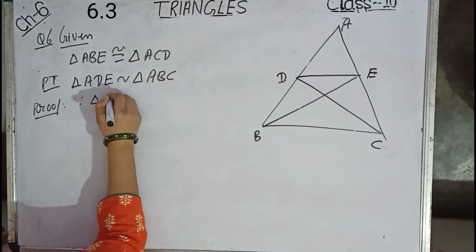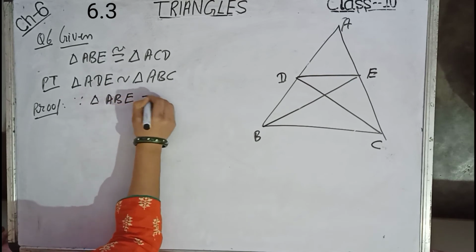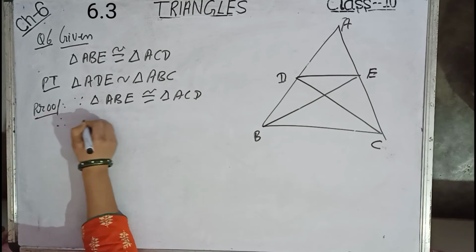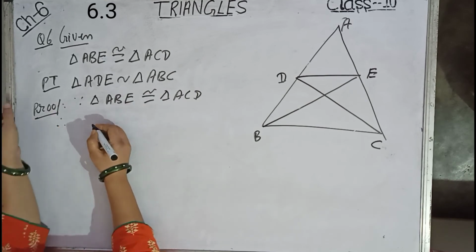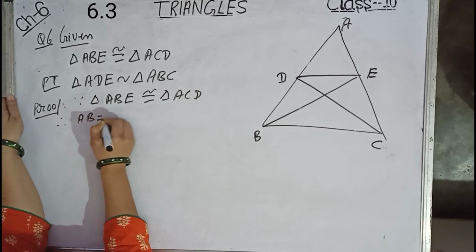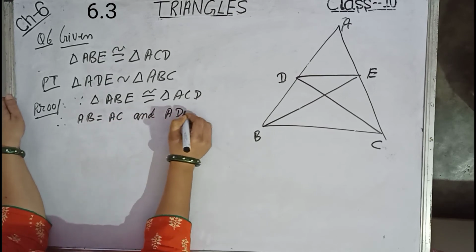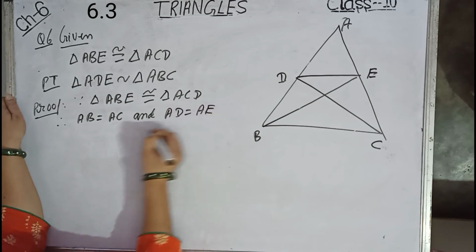Since triangle ABE is congruent to triangle ACD, therefore obviously sides will be equal. So we can write AB equals to AC and AD equals to AE.